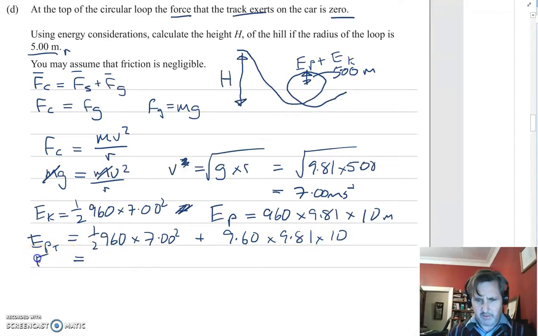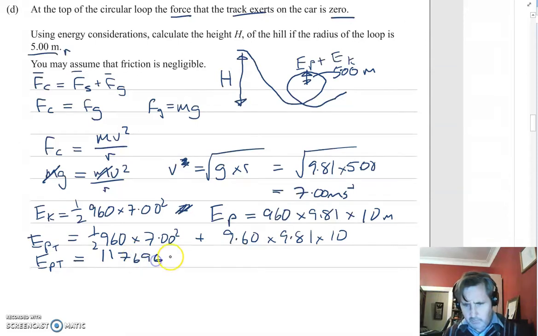This total potential energy, this is all of the energy that it has, or the energy at the start, is equal to 117,696 joules.